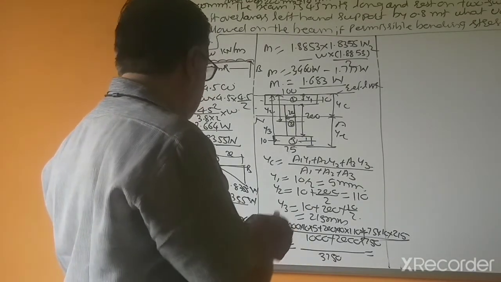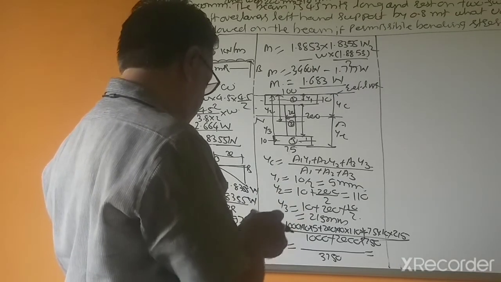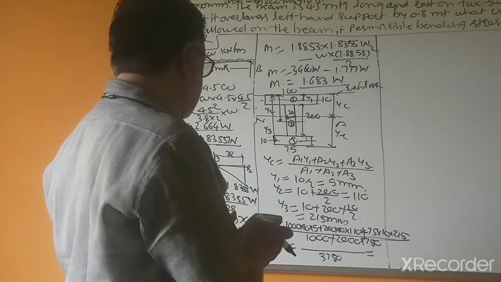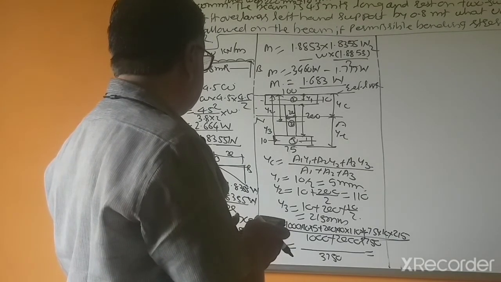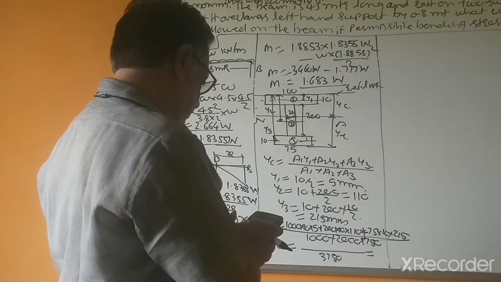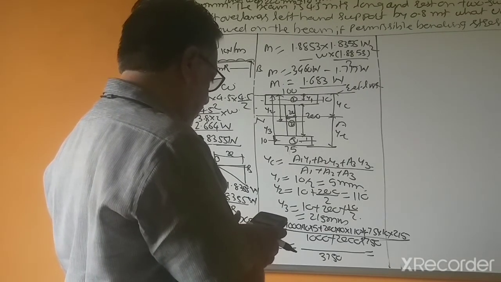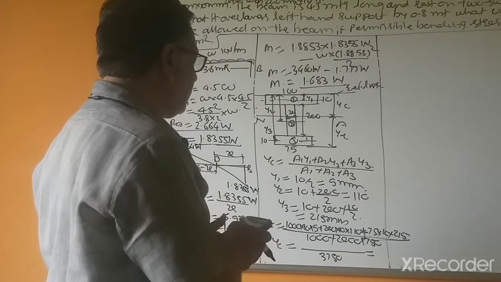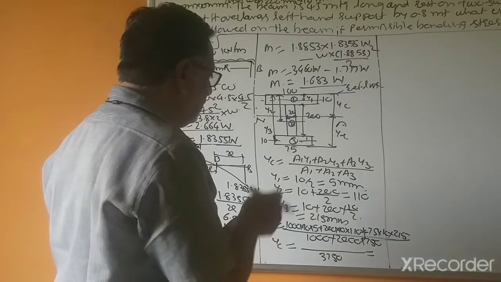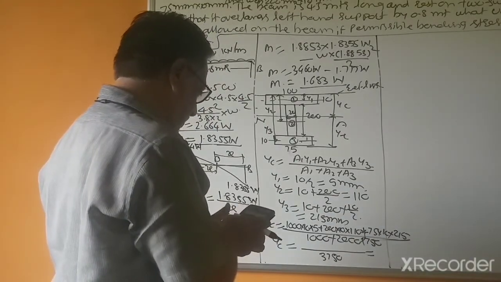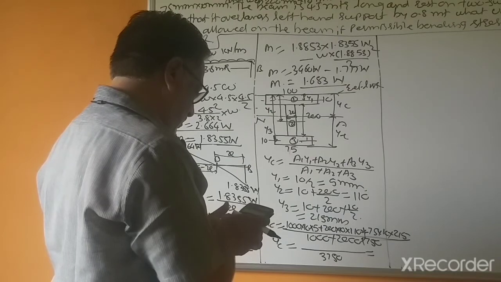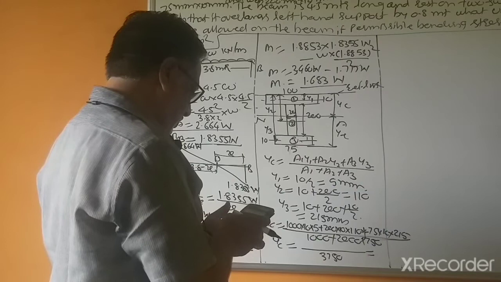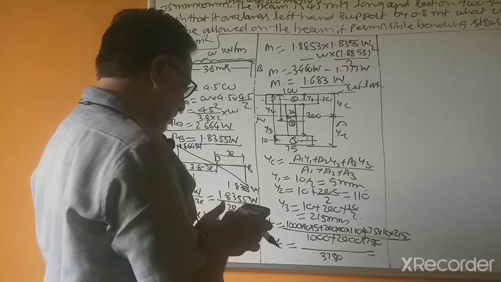Okay, so this is 10,000 multiplied by 5 is 50,000 plus 2 lakhs 20,000 plus 750 into 215, total divided by 3750.